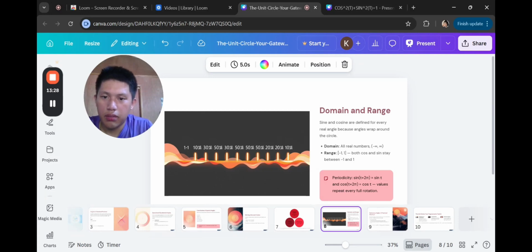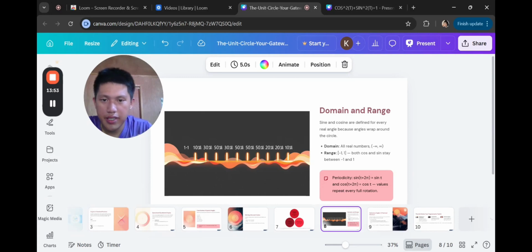As for periodicity, the slide notes that sin of theta plus 2 pi is equals to sin theta, and cos of theta plus 2 pi is equals to cos theta.